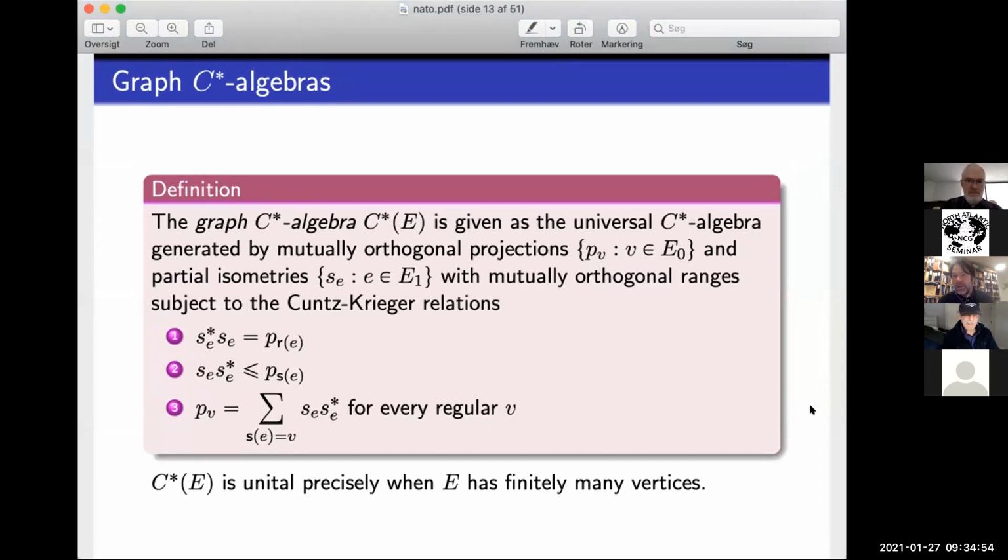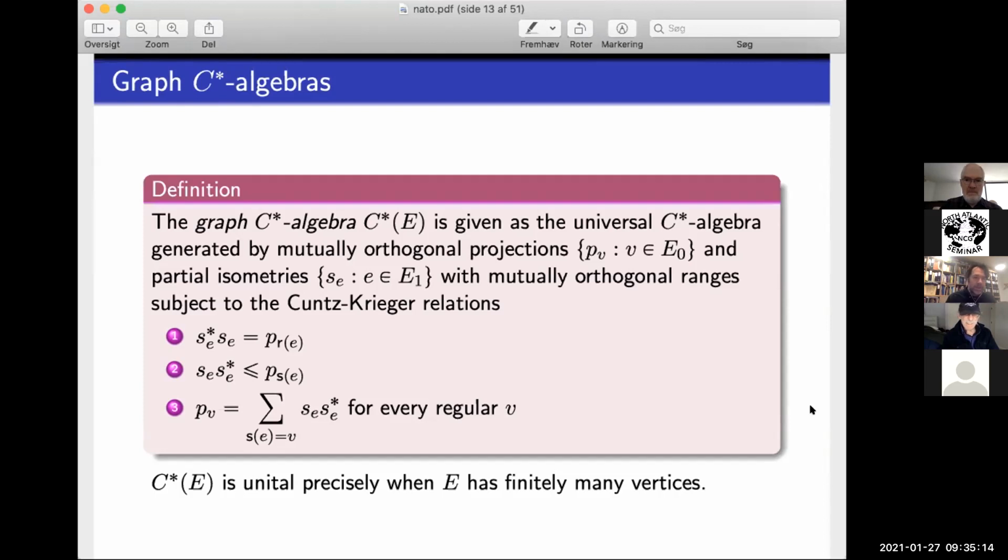Hello? So what you do is that you take one projection for each vertex in your graph, you take one partial isometry for each edge in your graph, and then you put in some relations that are called the Cuntz-Krieger relations, for reasons that I'll explain in a second.